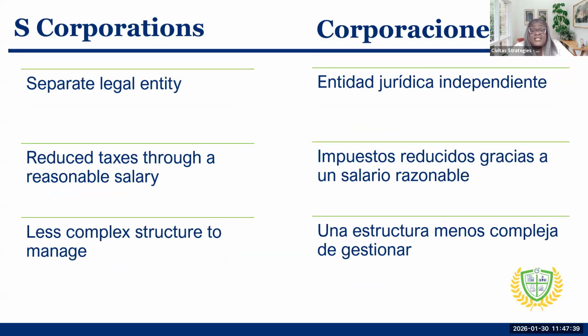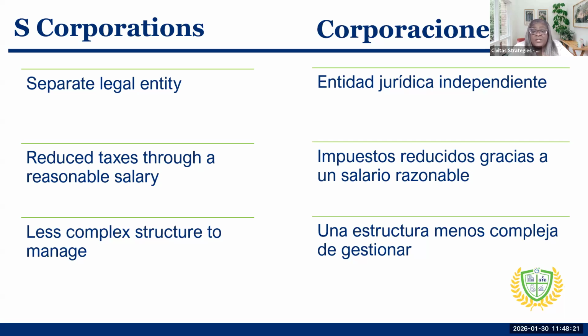So, in reaction to the complexity of owning a C corporation, the federal government created the S corporation, the small business version. And so, an S corporation is basically a separate legal entity from you personally, just like a C corp, but it is limited in the number of owners. I believe it's up to 100, if I'm not mistaken. Now, it offers you reduced taxes, as you pay withholding taxes on a reasonable salary, and we'll talk about what a reasonable salary looks like in just a moment, and the remaining taxes are then taxed through the owner's personal taxes.